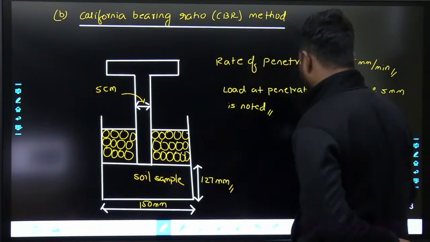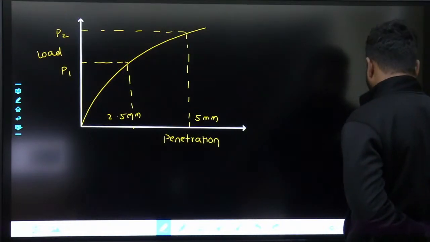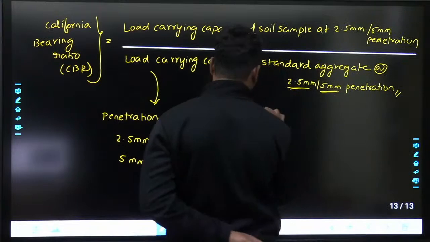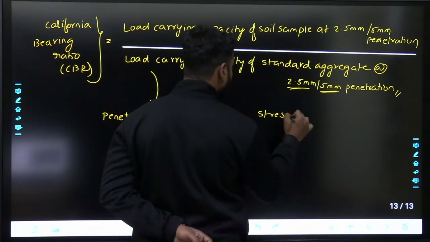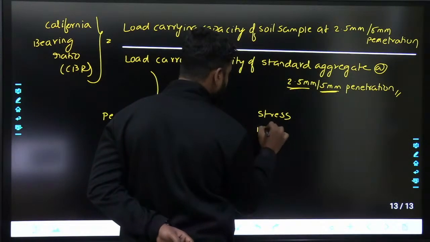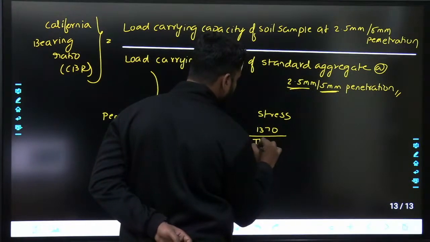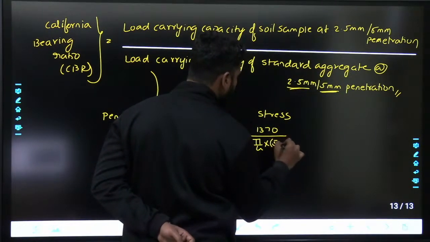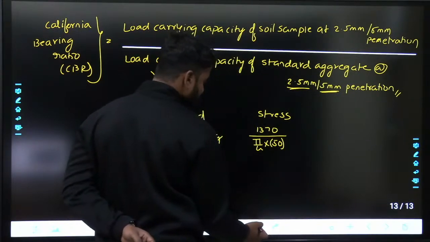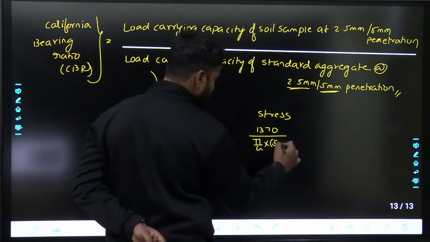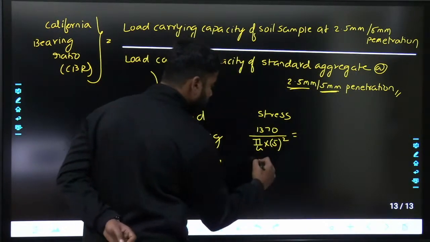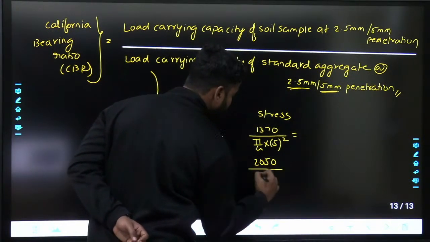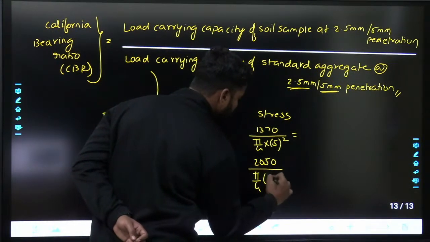Then what would be the stress? Stress, how will you calculate? Stress would be equal to 1370 upon pi by 4 multiplied with 5 square, and this one is also 2050 upon pi by 4 multiplied with 5 square.